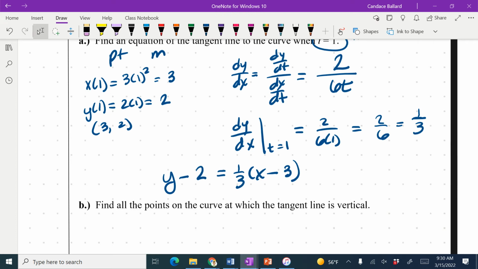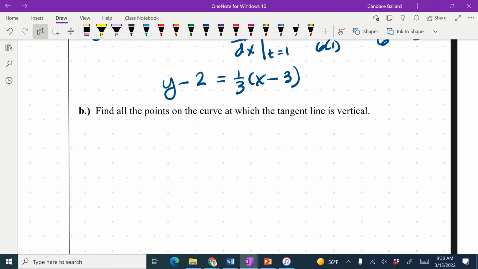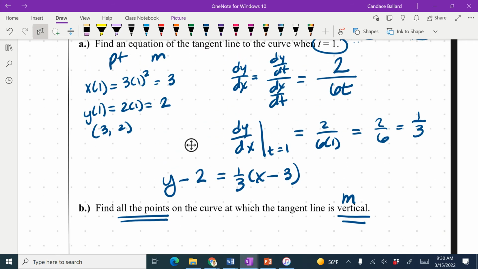All right, B is a little bit trickier. It's asking us to find all the points on the curve at which the tangent line is vertical, okay? So we're looking for points, and we want the slope to be vertical. All right, so I'm going to go back and look at the definition of vertical again.